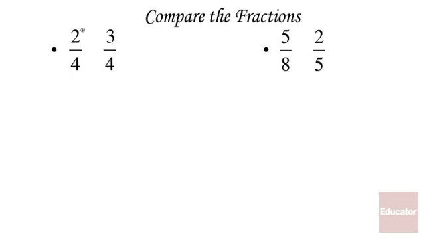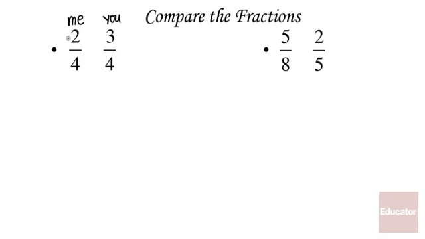We have a fraction 2/4 and another fraction 3/4. Now let's say that this is me and this is you. Let's say we both have the same number of candy pieces. So you have 4 pieces and I have 4 pieces.